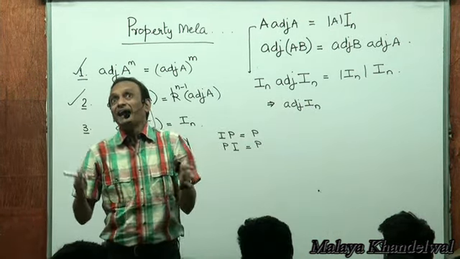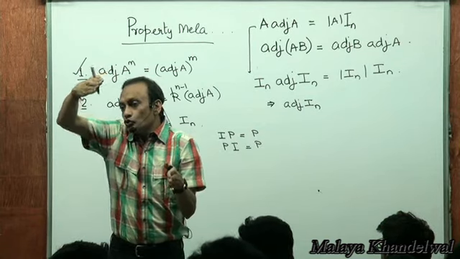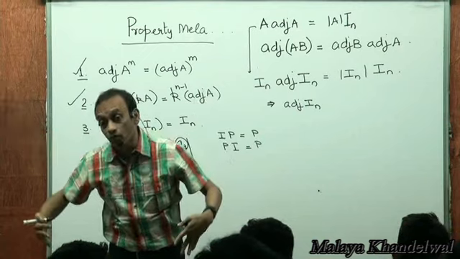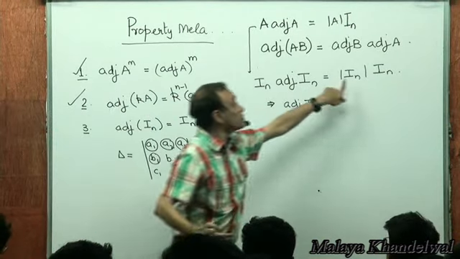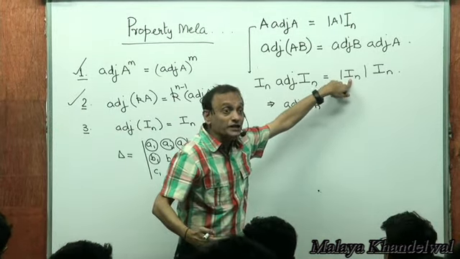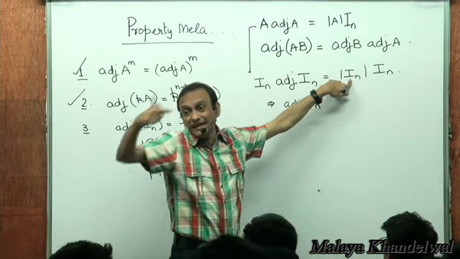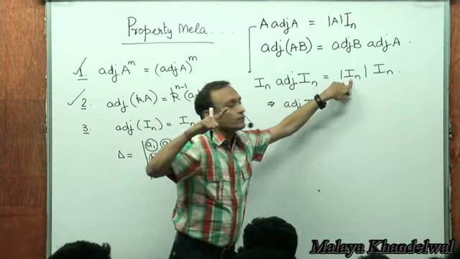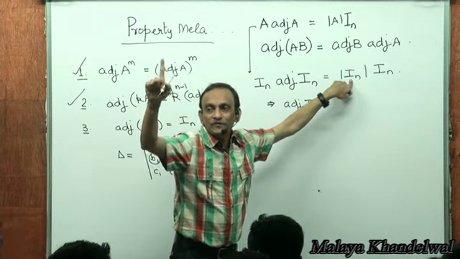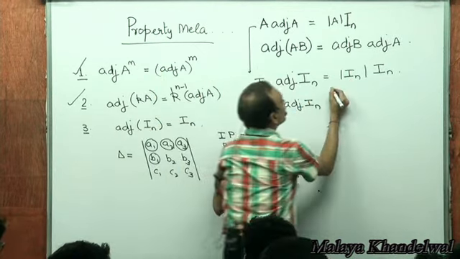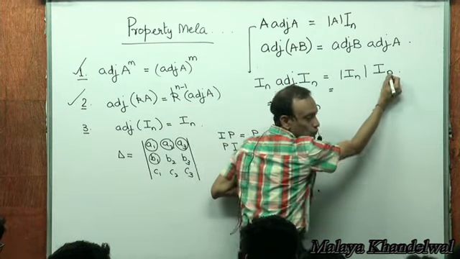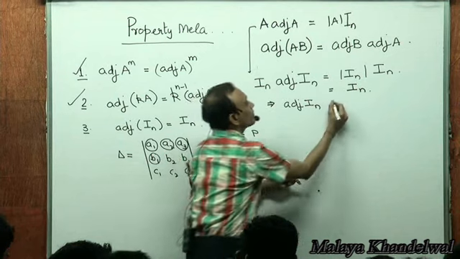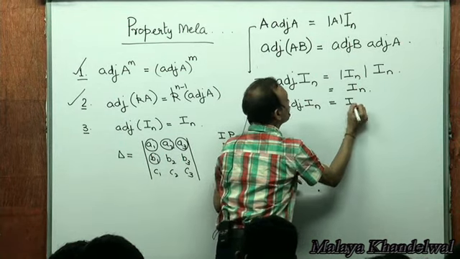And In is a diagonal matrix whose diagonal entries are 1 and everything else is 0. The determinant of a diagonal matrix would be d1, d2, d3, up to dn. So in this case 1 into 1 into 1. So the determinant of In would be 1. And 1 into In is simply going to be In. Adjoint In is therefore In.